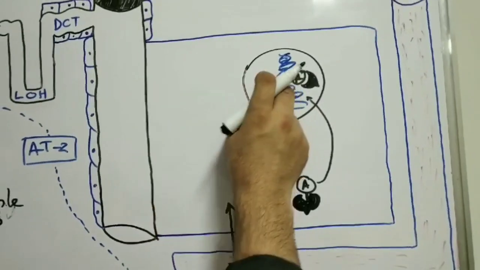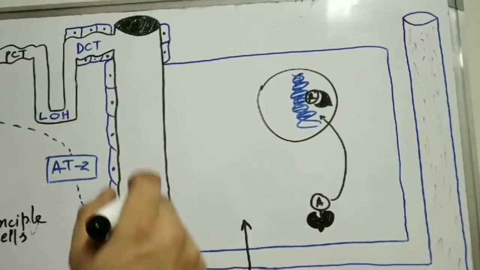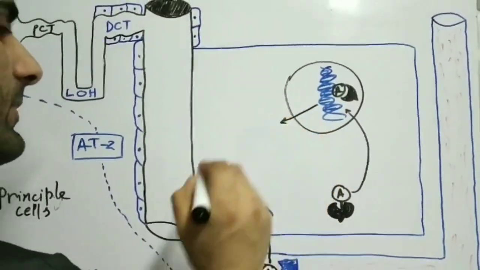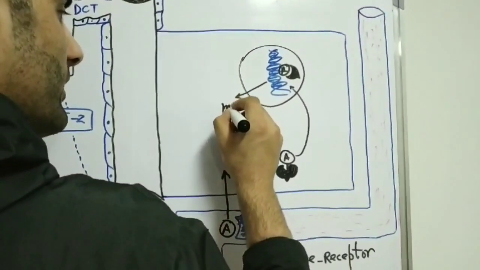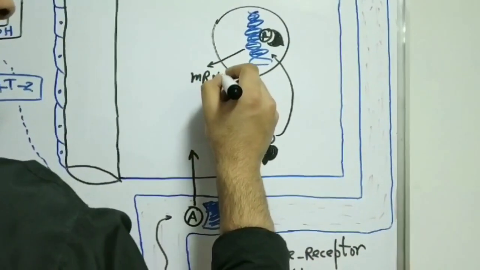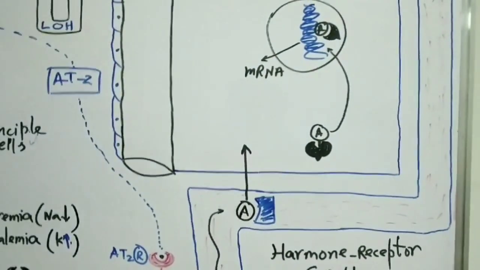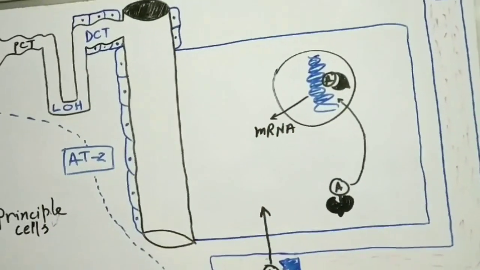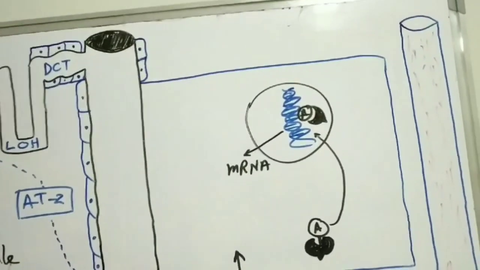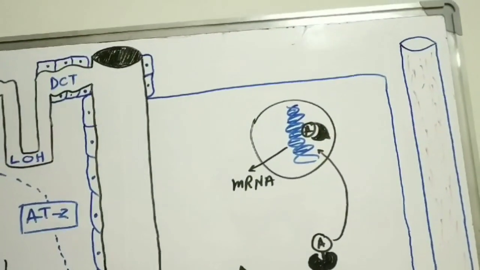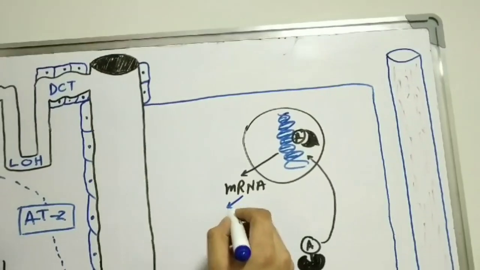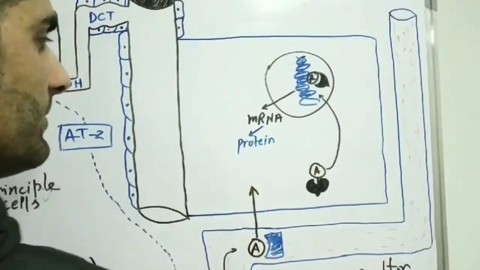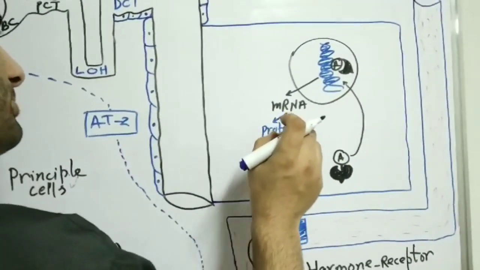Now the DNA undergoes transcription, and there is the formation of mRNA. DNA is transcribed into mRNA. Now the mRNA will go to ribosomes. There will be formation of proteins. But these proteins have been given a special name.